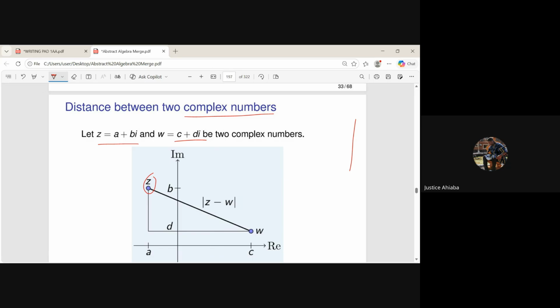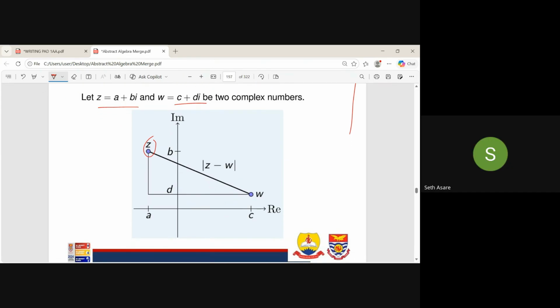Now, let's see. We have Z and W. We want to find the distance between them. So what we do is try to form a right angle triangle. The distance we are finding is this: you are here, I am here, what is the distance?